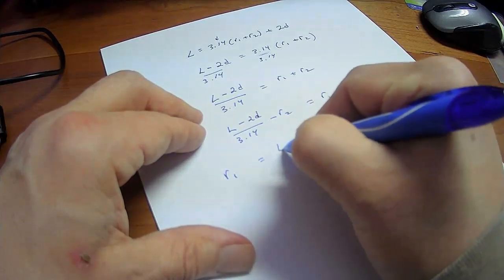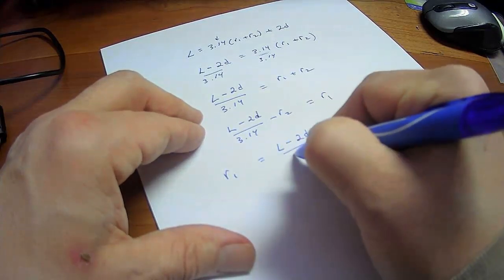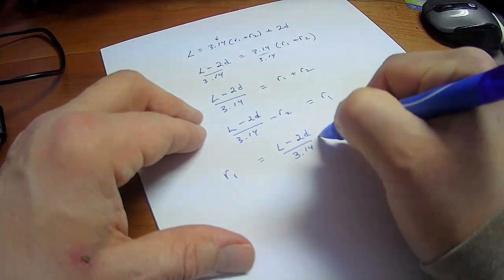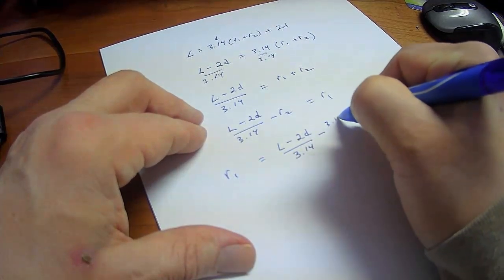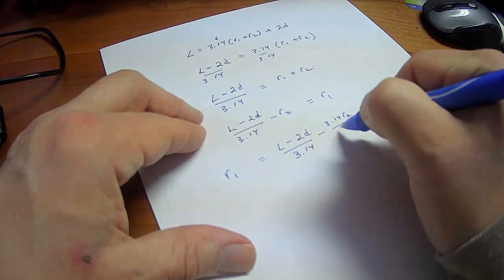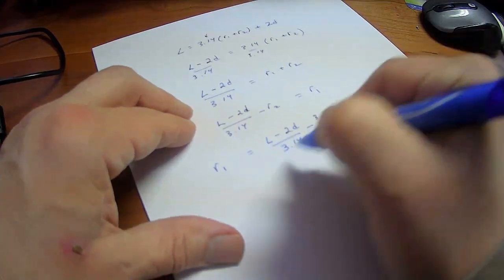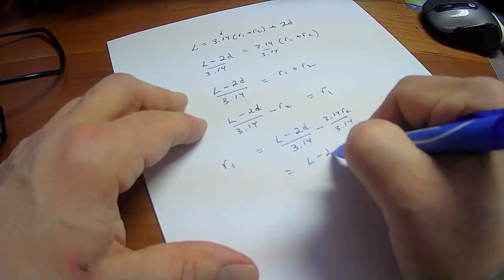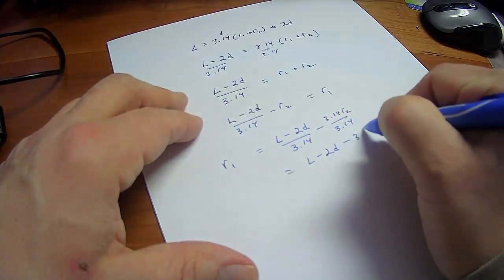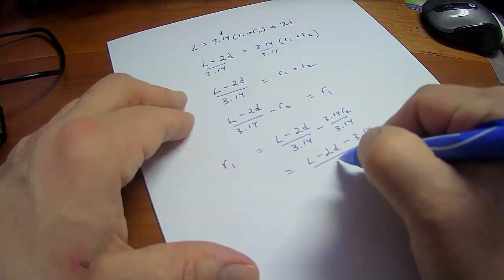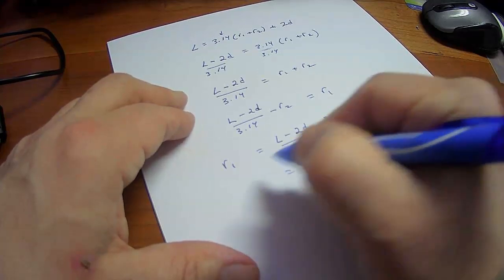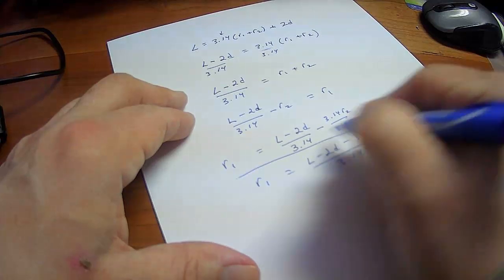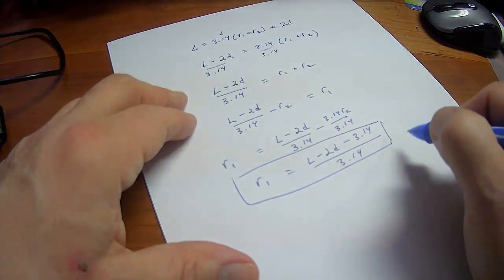That's equal to L minus 2D over 3.14 minus 3.14 R2 over 3.14. So when I collect all the terms, L minus 2D minus 3.14 R2, everything is over 3.14. And so there's my equation in terms of R1.